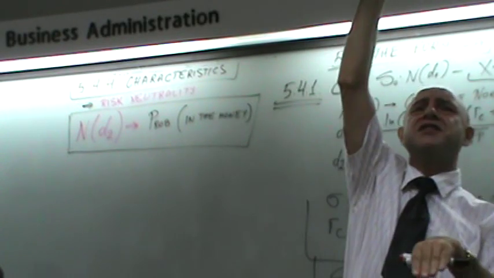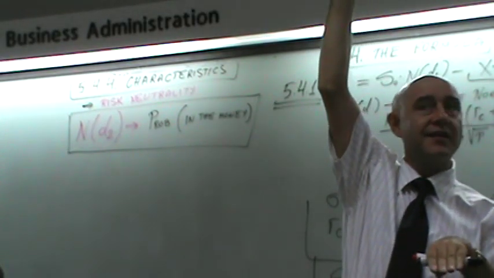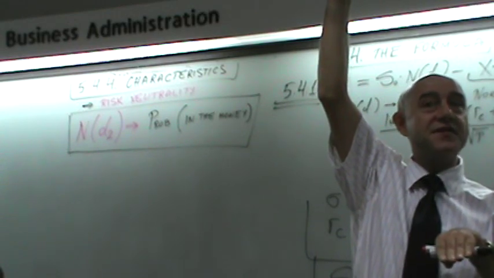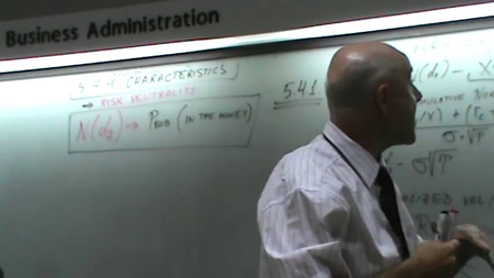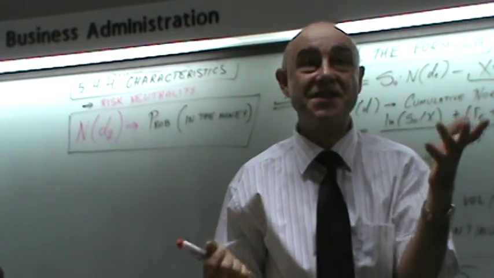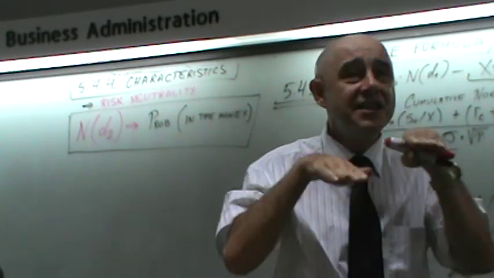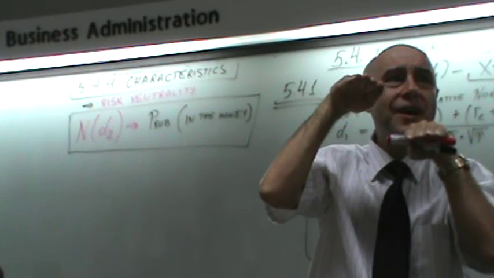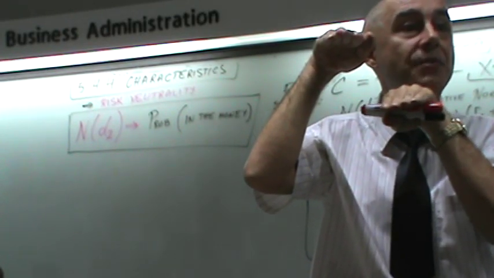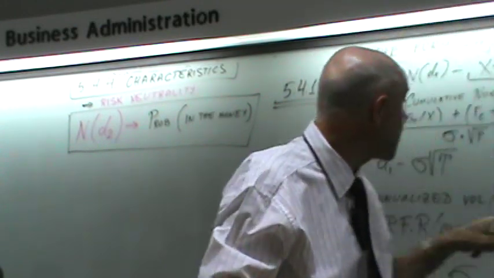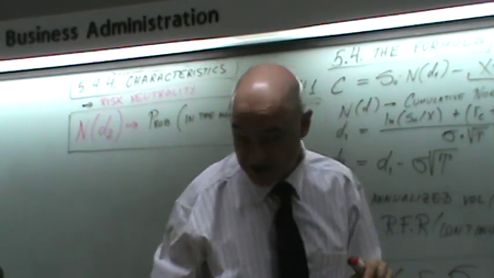If the strike price is very high, the chance of ending up in the money is extremely low. Okay? And if the chance is 46% of ending up in the money, this means that the strike price is just a little above the current stock price. Well, what's the current stock price in our example?